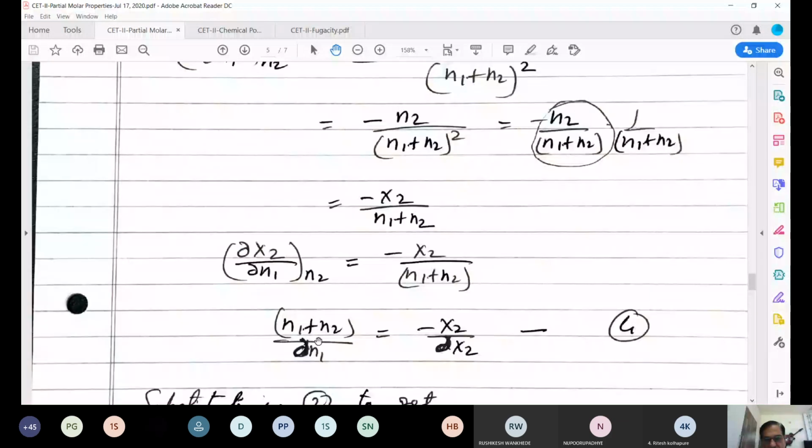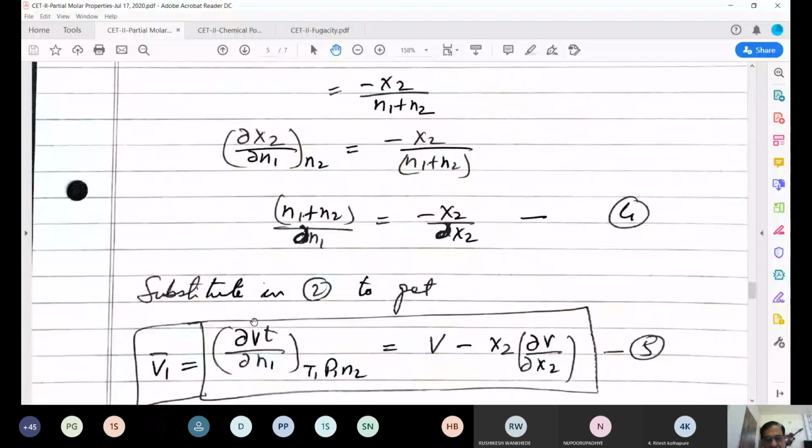So what we'll get is, this term on the left hand side is nothing but V1 bar, the partial molar volume of 1. V was there, plus (n1 plus n2) into ∂V/∂n1. So it becomes minus x2 into ∂V, which was there in the numerator, divided by ∂x2.